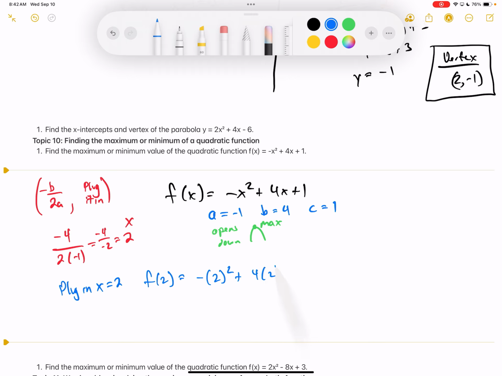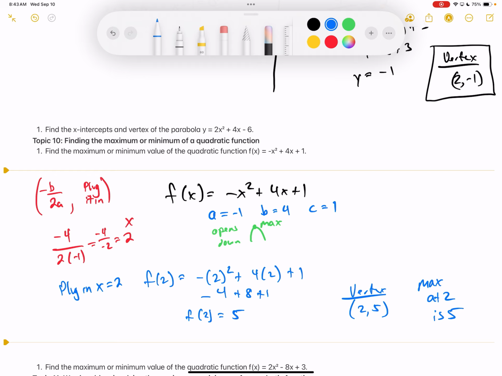Be careful with your negatives here. You are going to square 2 and then put the negative back on. You are not squaring the negative because that's not part of the x. Then +8 plus 1 would be 5. So my vertex is (2, 5). We have a maximum. It is at 2 and it is 5. So to find it, I go to x equals 2 and then what it actually is, 5.